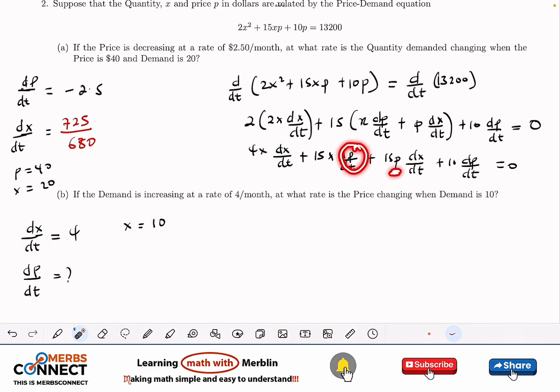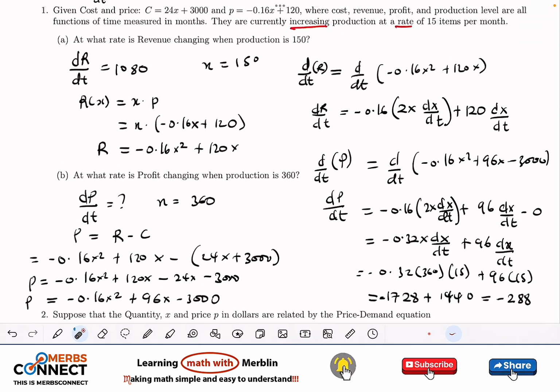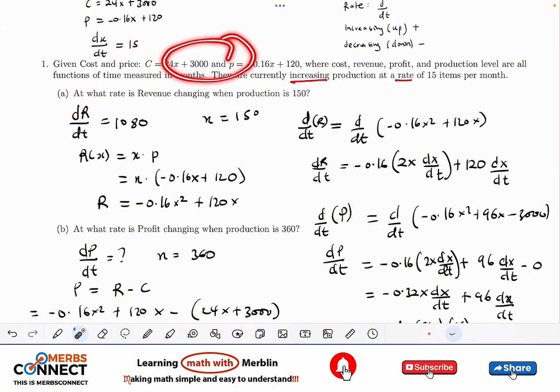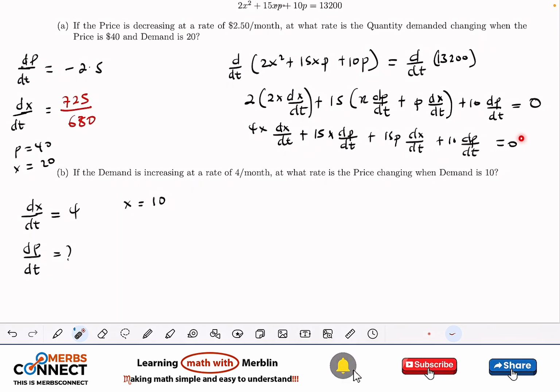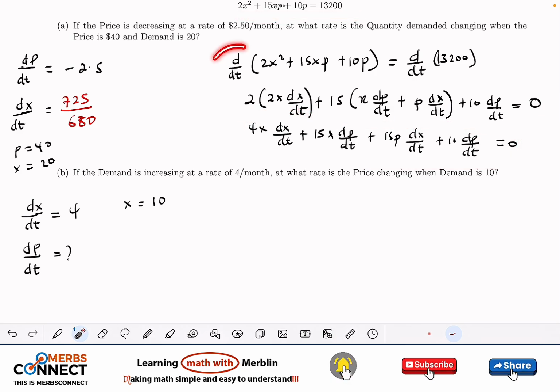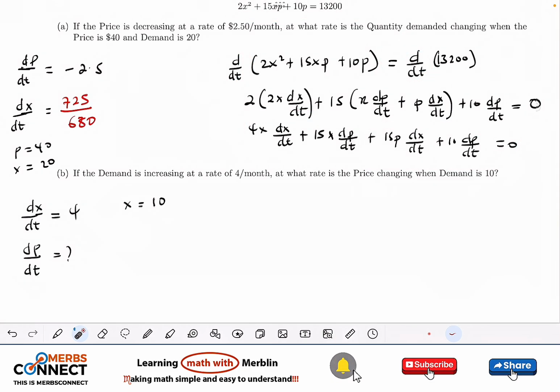But do we have p? No. We cannot use the p that we use here because this p was inside A, not in the preamble. Like for example, we use the dx over dt for A and B because it was in the preamble. So this means that for us to use this equation, which is the same as differentiating, we are going to get the same thing.